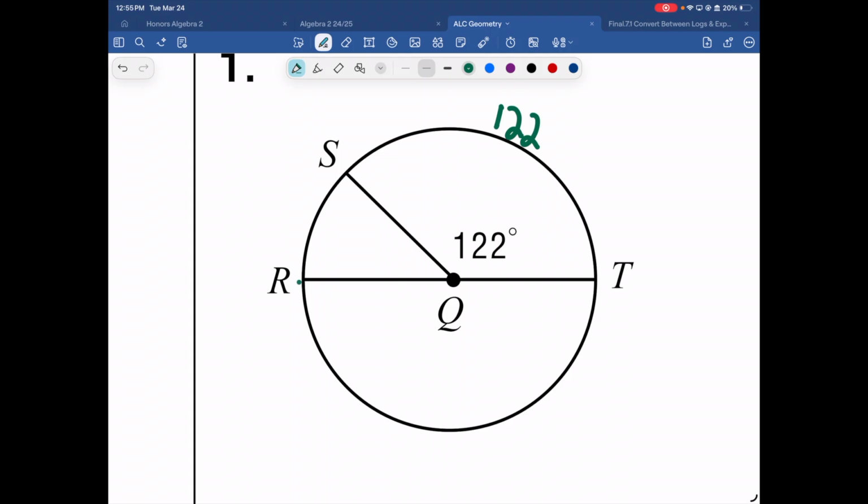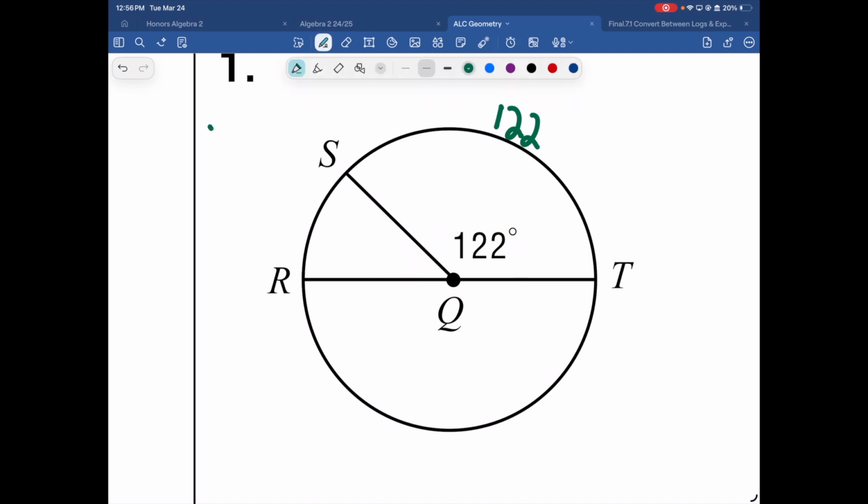If I look at this angle right here, angle SQR, I notice that these two angles form a linear pair. What's the sum of a linear pair? 180 degrees. So I know these two angles together have to add up to 180.